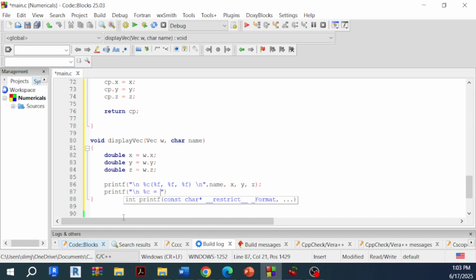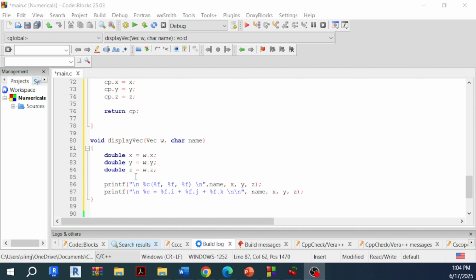Percent c is equal to percent f i dot. But here we're not multiplying, it's just a display. Percent f is the value multiplied by i, then plus percent f j plus percent f k. Name, x, y, z. That's it.